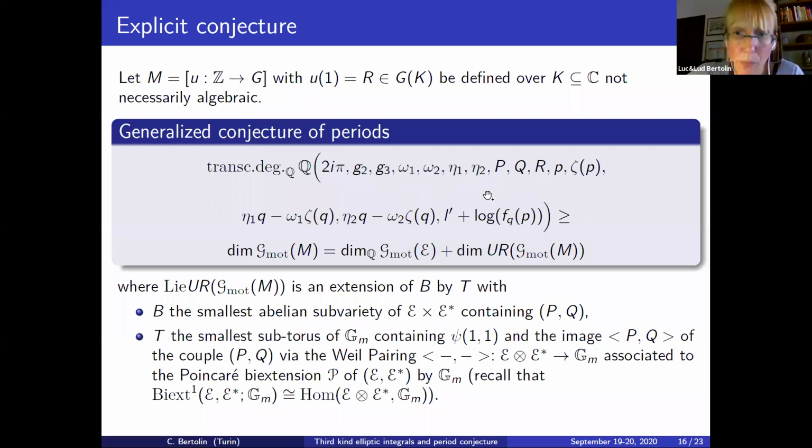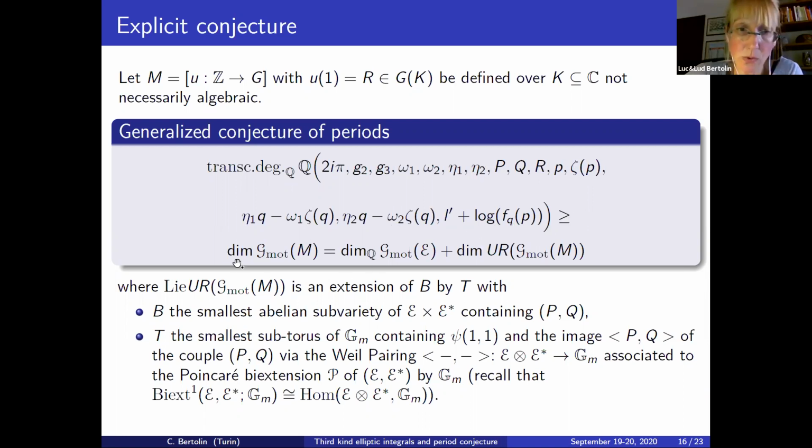And then I add all the periods: 2πi, p, zeta p, eta 1 q minus omega 1 zeta q, eta 2 q minus omega 2 zeta q, l prime plus log f_qp. All these numbers are the periods of M.